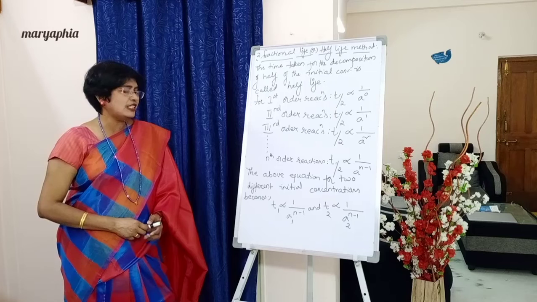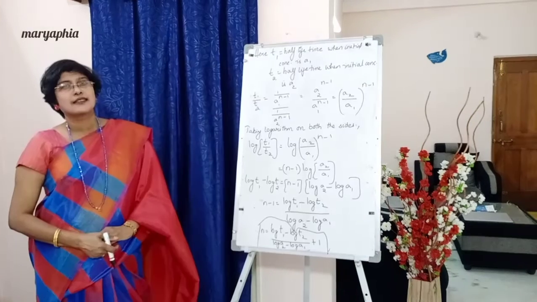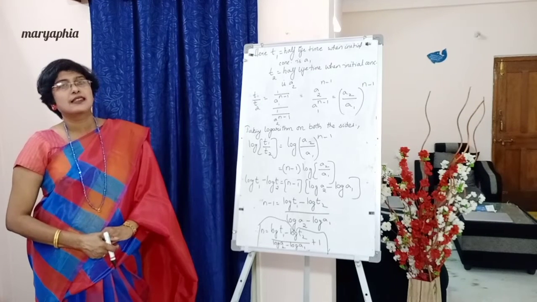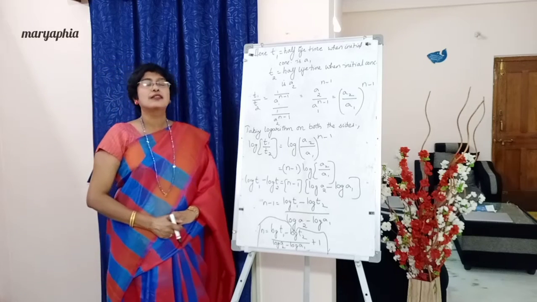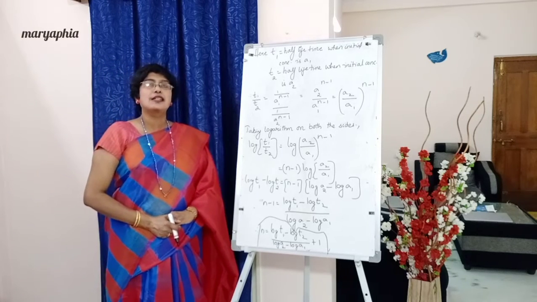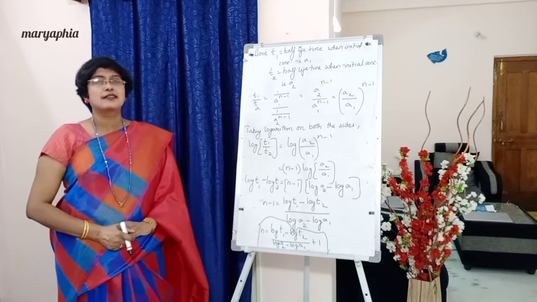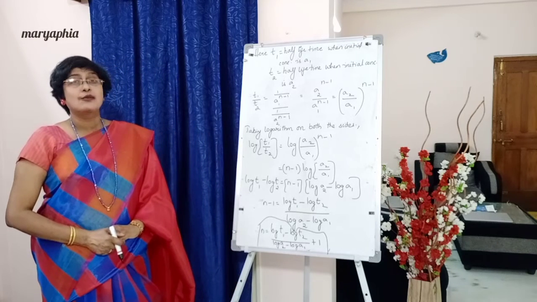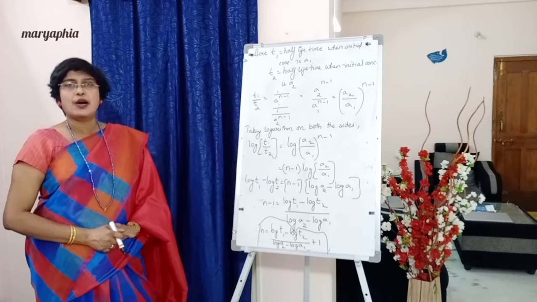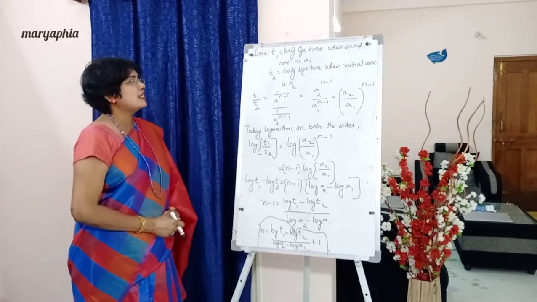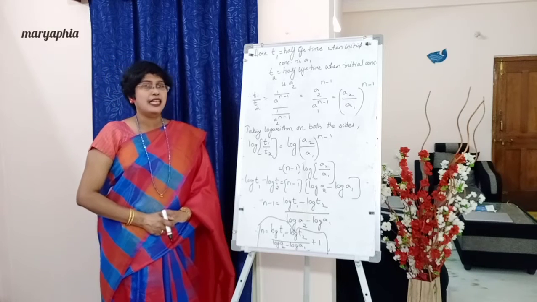Understood, students? Written? Below write down, students. Here t1 equals the half-life when initial concentration is taken as a1.